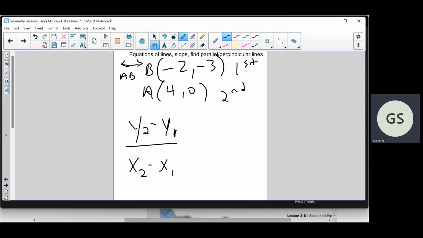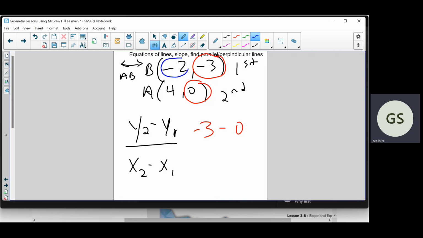So as long as you just make sure you keep, say it. If I'm going to use the 3 first for my y values, and then the 0 second when I do this top part, so -3 subtract 0, then I better also use the top y first.